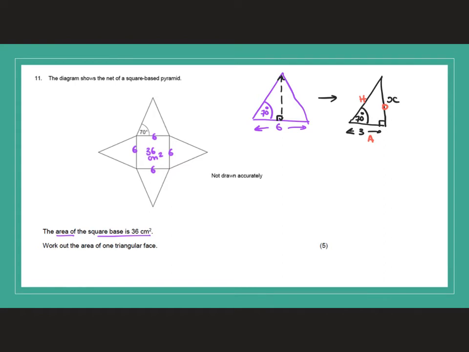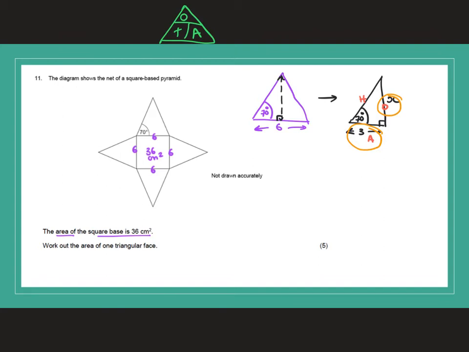So which two of the three are we interested in? Well, I need to work out this, otherwise I won't know the height of the triangle, and I've been given the adjacent. So I need to use tan. So if you remember, some people like to work with SOHCAHTOA triangles, and in that SOHCAHTOA triangle, what do we know?